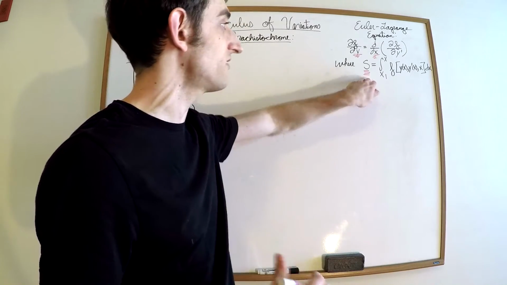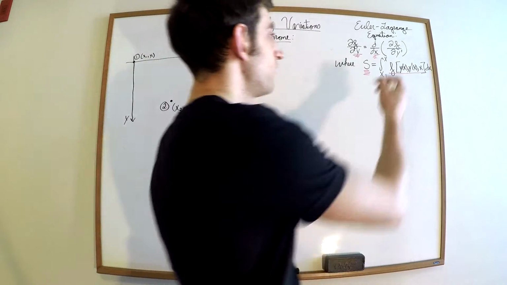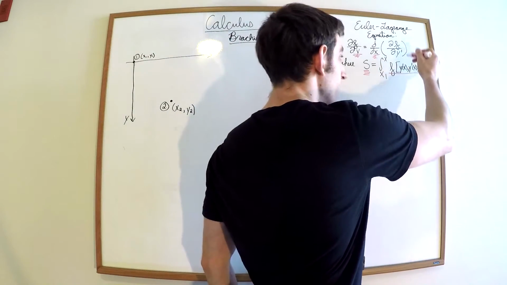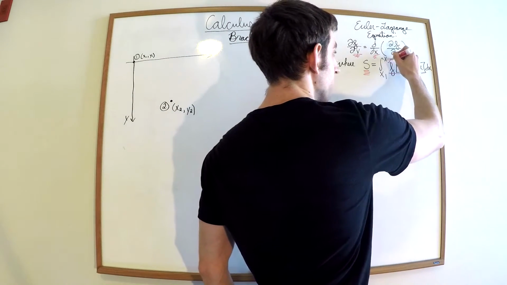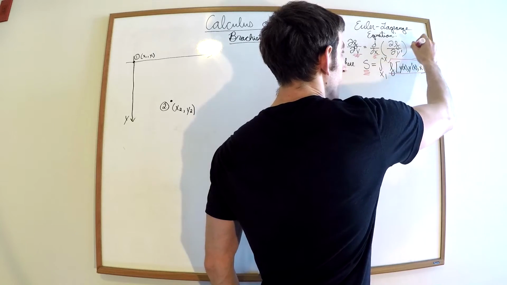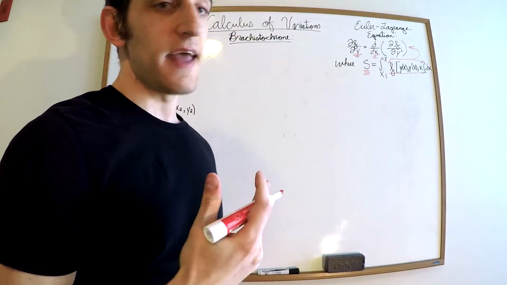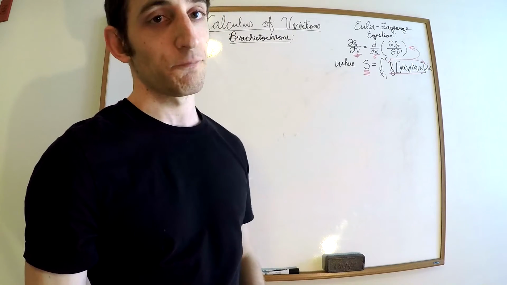In this case, it's S, and we take the f under the integral, which is a function of the path, the derivative of the path, and the independent variable x. So we take this guy, and then we throw it into this guy, and that allows us to minimize the functional that we're talking about, okay?